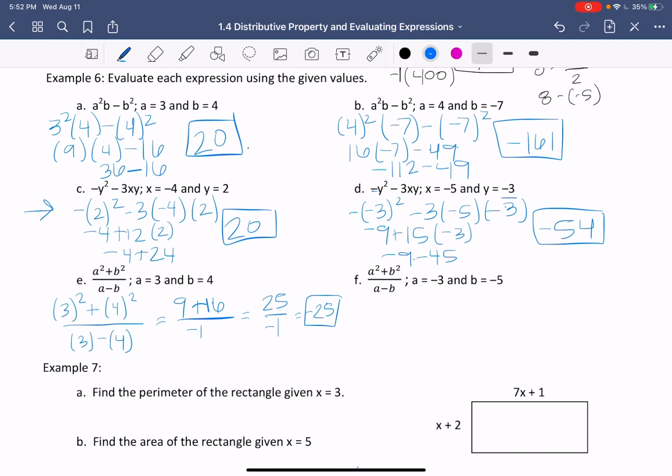All right, and then our last one says a squared plus b squared over a minus b, where a equals negative 3 and b equals negative 5. So then we've got negative 3 squared plus negative 5 squared over negative 3 minus negative 5.